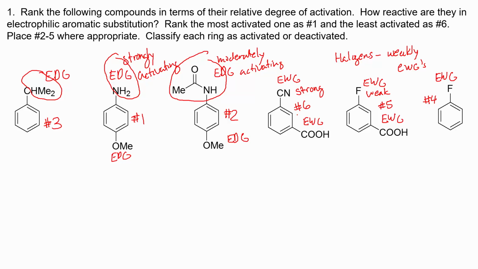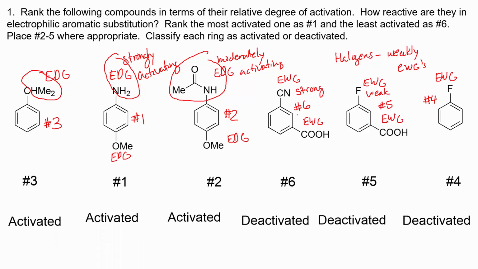All right, so here are the answers. And if we look at who's activated, who's not, the 3 on the left side of this chart are all activated. They have electron donating groups on them, and the 3 on the right are all deactivated. They have electron withdrawing groups.